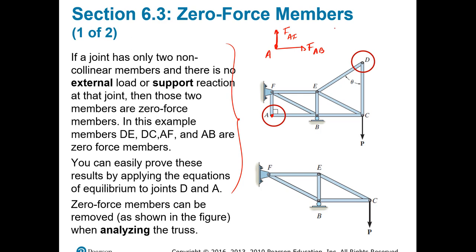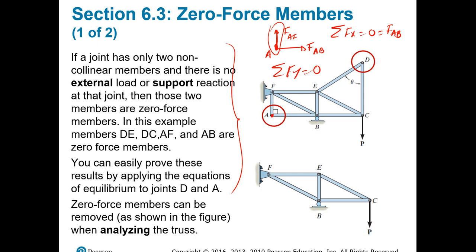If you do sum of forces in the x direction equals 0, the only force that we have right here is F_AB. So therefore, that force is not doing anything to your system. If I do sum of forces in the y direction, you will find that it's exactly the same thing. The only force acting in the y direction at pin A, because remember, we're studying the pins, is F_AF.